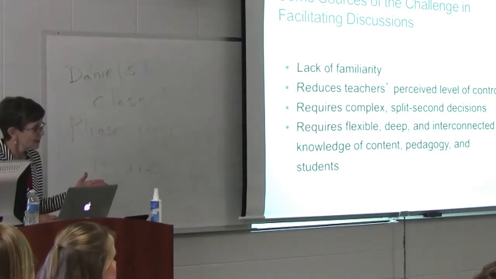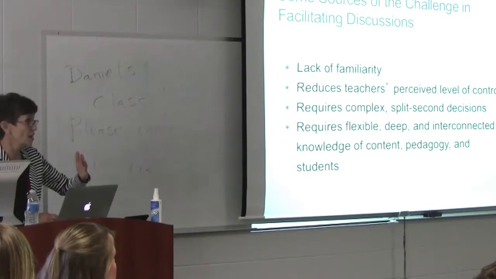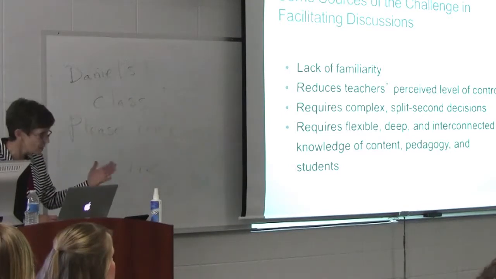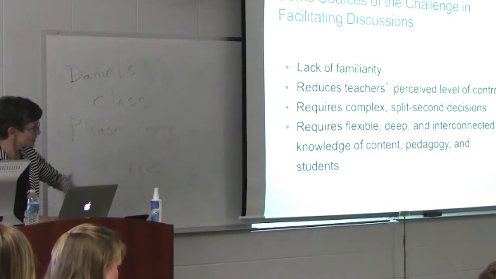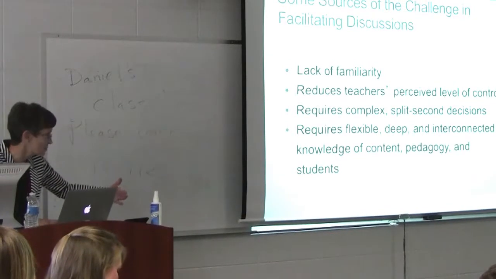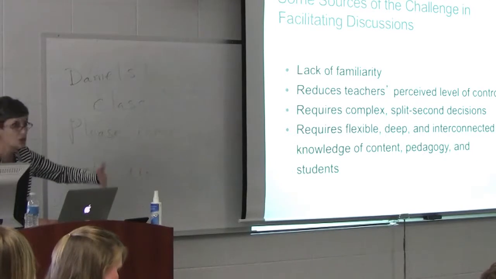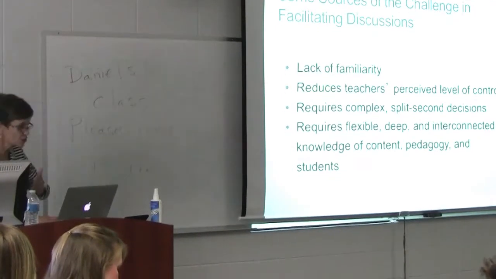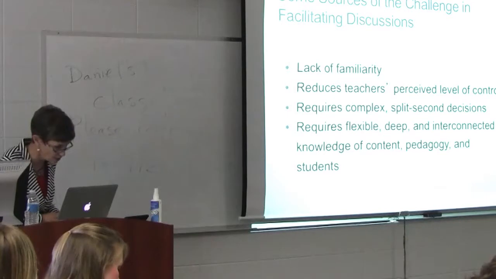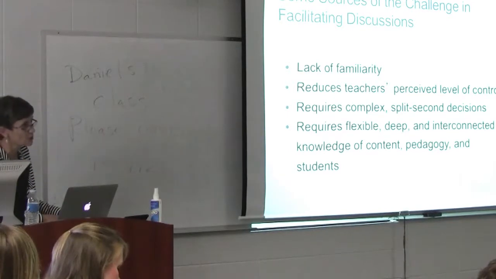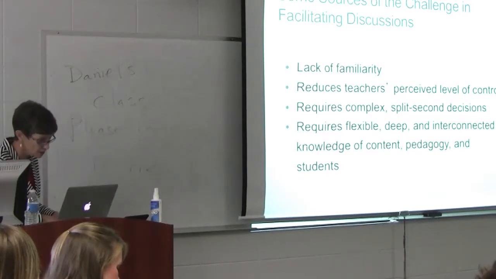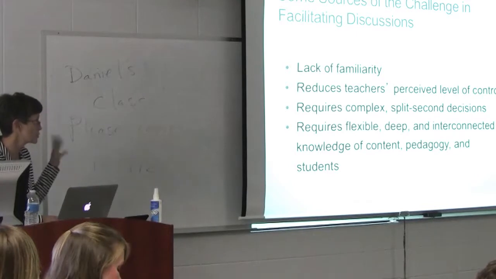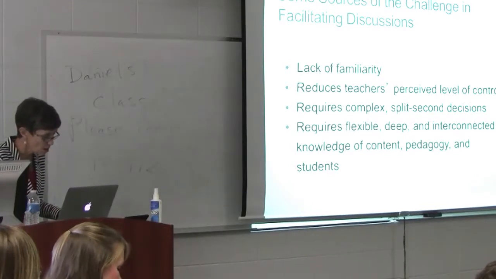As soon as you are trying to build a discussion around the thinking of somebody other than you, you automatically have relinquished some of the control and some of the authority for what happens next to the students in the classroom, which is a pretty scary proposition when you're thinking about turning over things to a 12 to 17-year-old. It requires complex split-second decisions and flexible and interconnected use of knowledge.